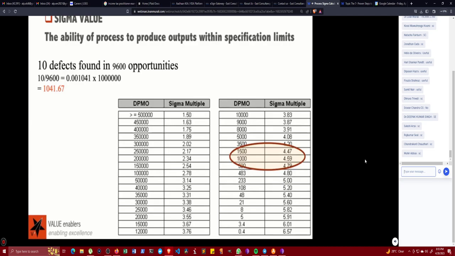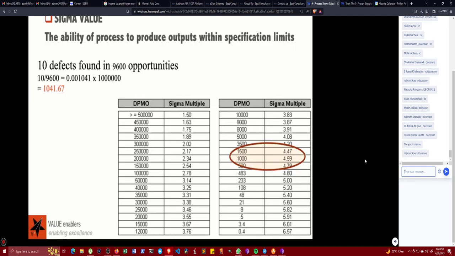My question to you is, if you run this machine continuously for a few months or a few years, will the capability of the machine increase, or will it decrease? All of you agree that the capability of the machine will decrease. Suppose it has a sigma capability of 4.5.